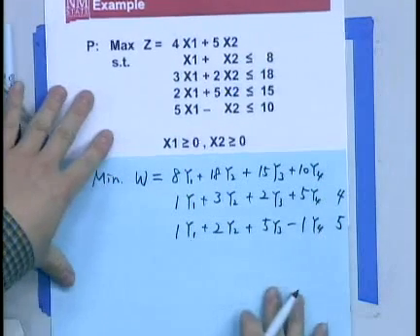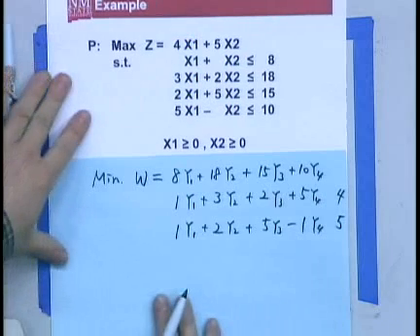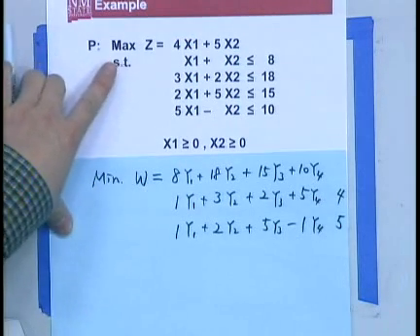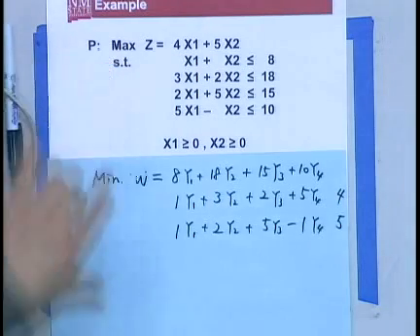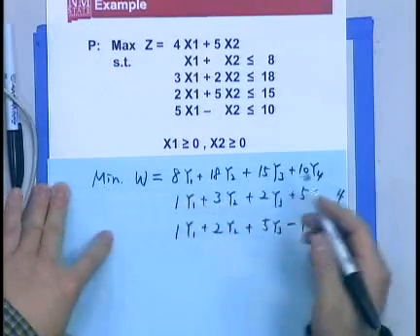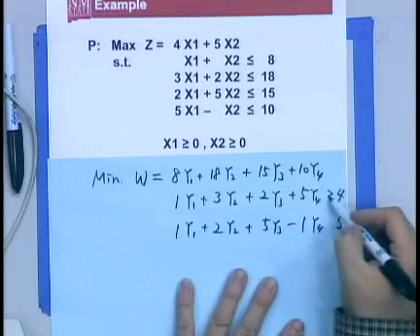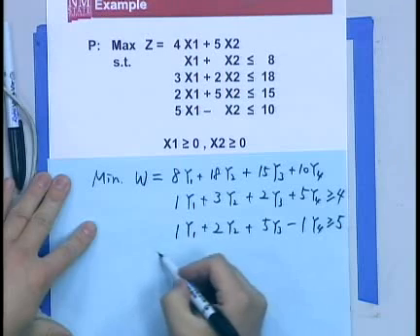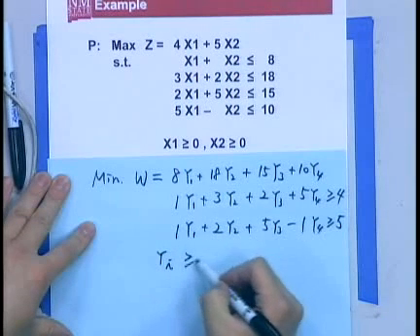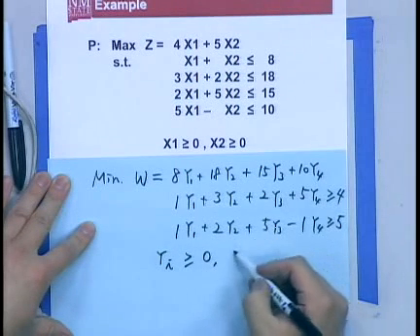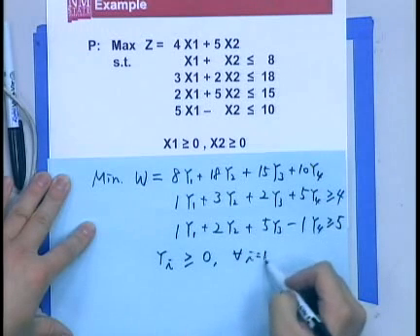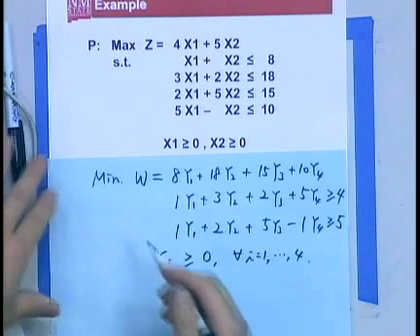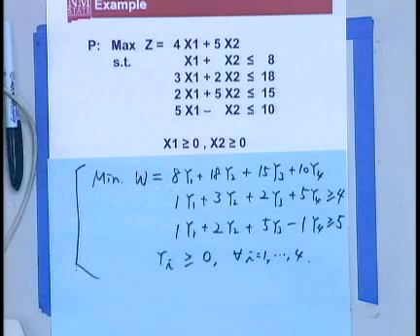And because this is the dual in the symmetric primal dual pair, the minimization problem must have greater than or equal constraints, and all the dual variables should be greater than or equal to 0. Okay, so this is the dual problem.